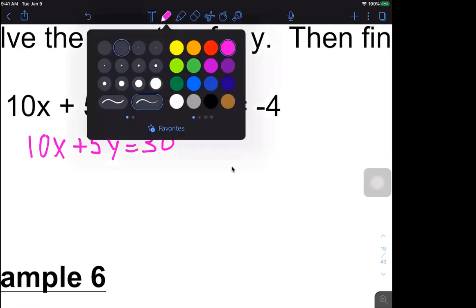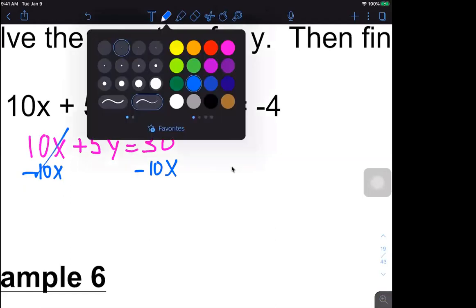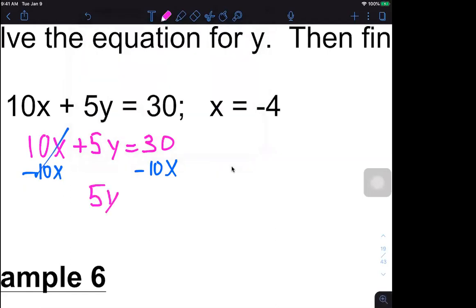So if we look at the left side of the equation, would we divide by 5 or would we subtract the 10x first? Subtract the 10x. And we'll be left with 5y equals, now we cannot combine these terms because they're not like. We have a variable, which is a -10x, plus the 30. Okay, then what's our next step going to be? Good, Nate. Divide by 5. Awesome.